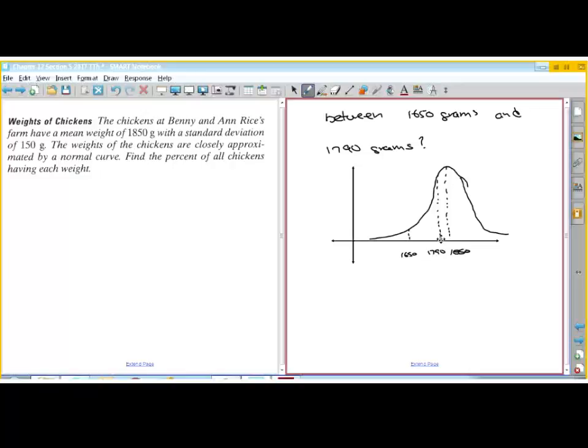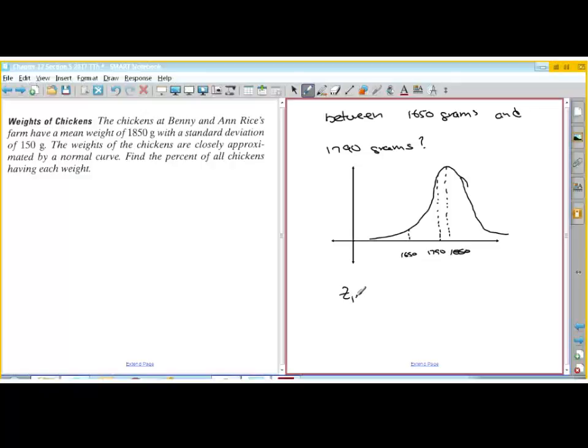Okay, so you can see here's my mean, 1,850. Here's 1,790, which is less than the mean. Here's 1,650, which is less than the mean. We said if they're on the same side of the mean, either on the upper side or the lower side, then you're going to subtract the areas that you would get associated with those.